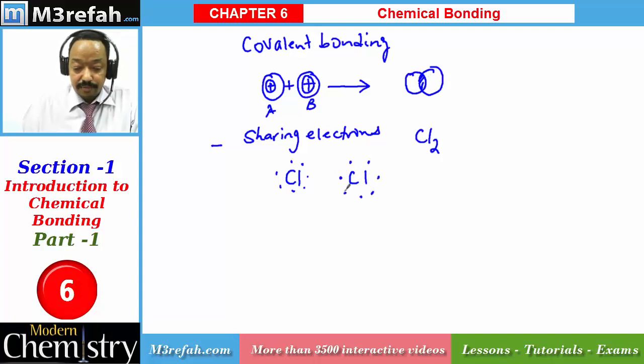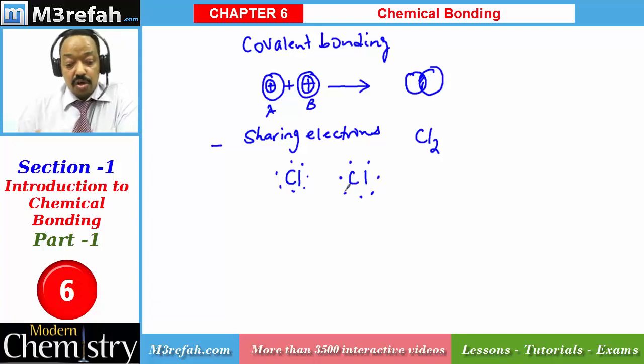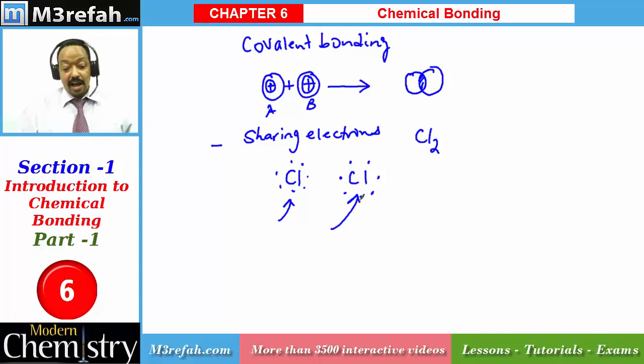Now both need each other in order to make their potential energy low. This chlorine alone has high potential energy, and the other chlorine also has high potential energy, so they cannot exist as they are carrying this high energy. So nature forces them to lower their energy by coming together.